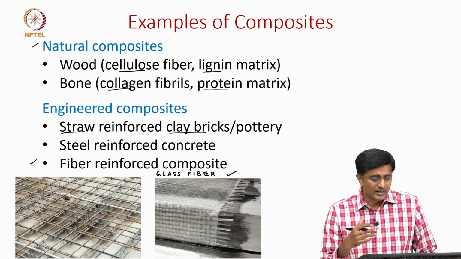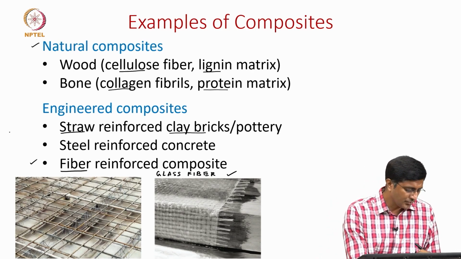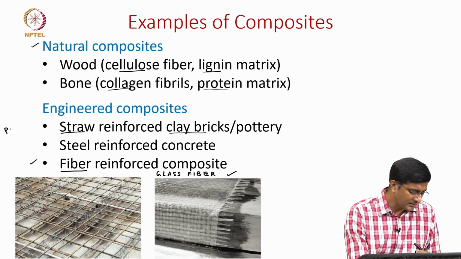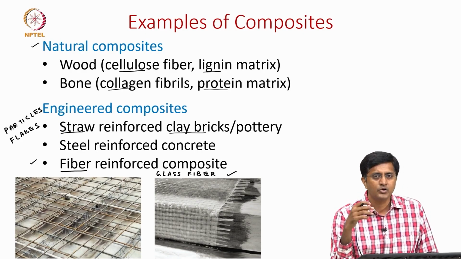There are other kinds of composites as well. Here we are only looking at fibers, but in addition to fibers one can look at particles or flakes as well. It could be a spherical particle or any other shaped particle that we can add to prepare a composite, but there are also examples where flakes or other platelet shapes are used.